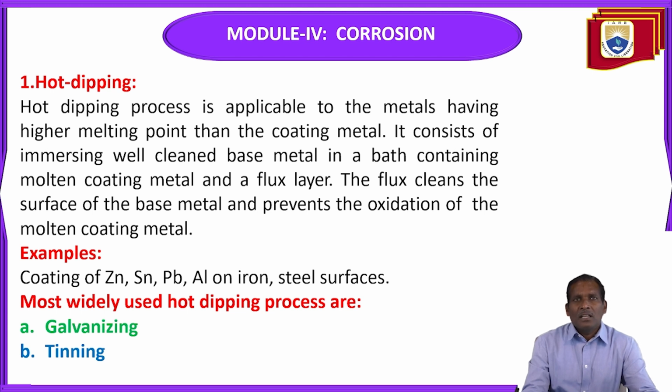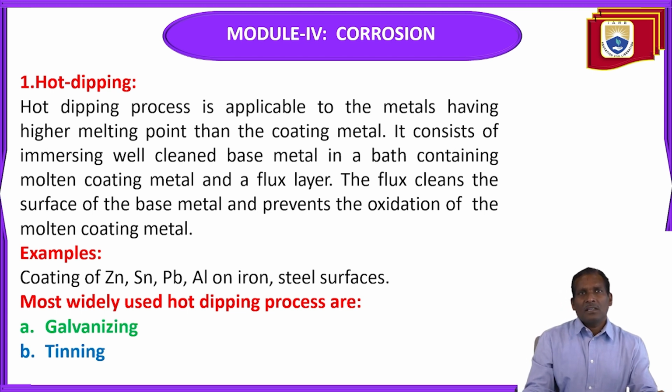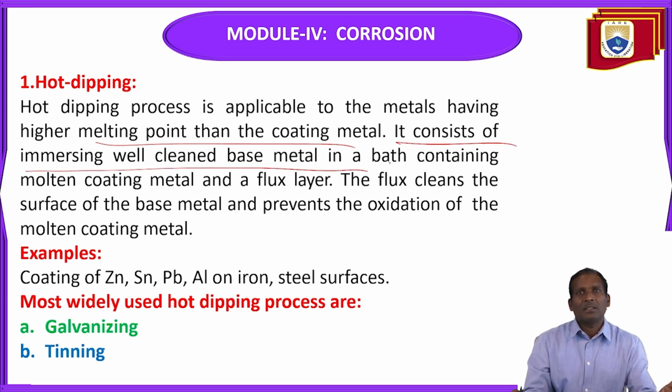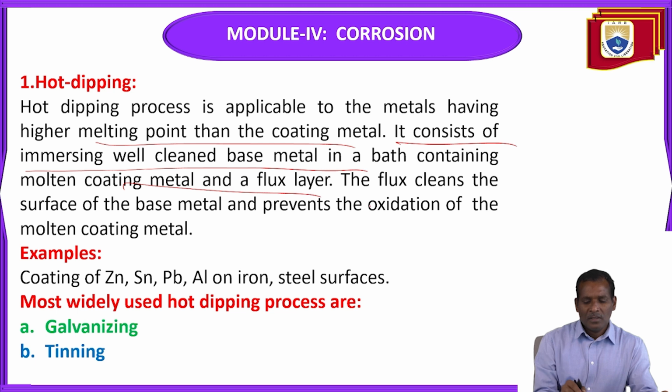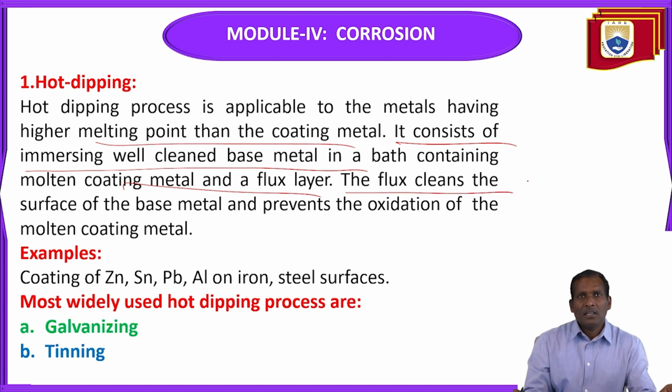Actually, it consists of immersing a well cleaned base metal in a bath containing molten coating metal and a flux layer. The flux cleans the surface of the base metal and prevents the oxidation of the molten coating metal.